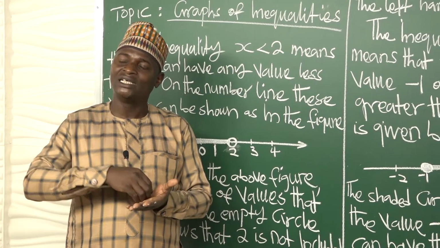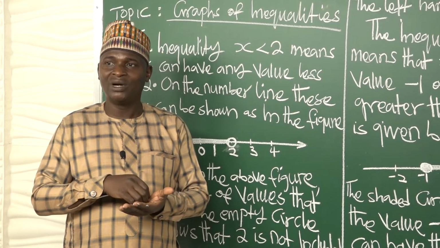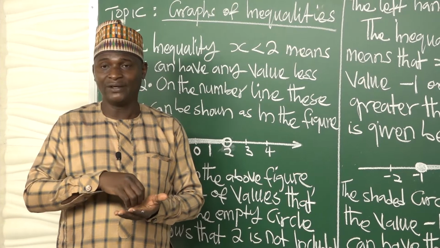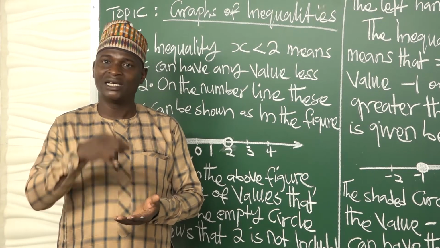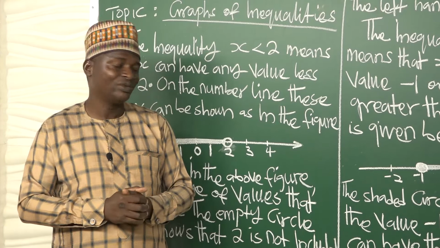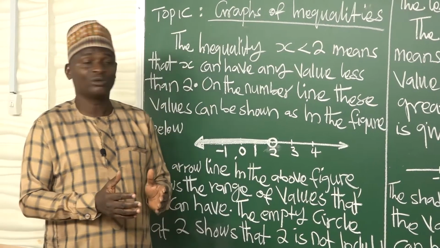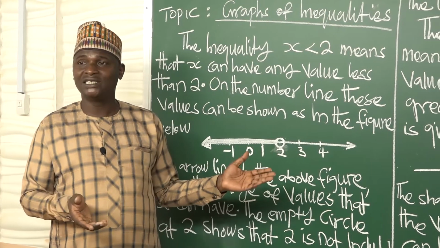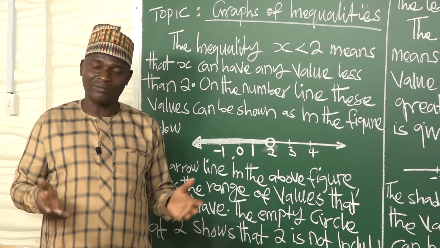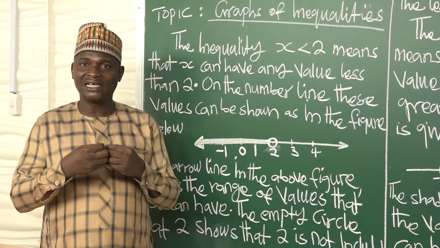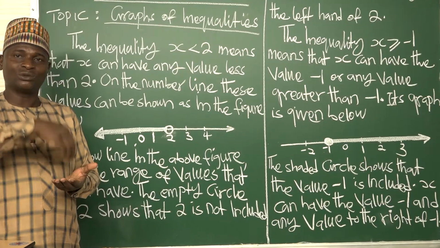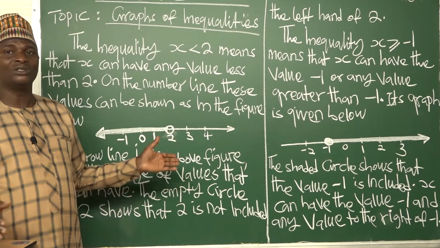But we know that all numbers on the number line that are greater than minus 1 are values of x. Solving inequality equations, we have done that. It is only the graph, how we can sketch the solutions on the graph, that we need to do.